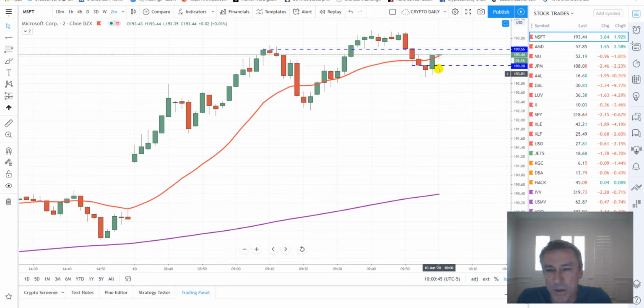Okay, just watching paint dry here. Got a little over a minute left in this candle. If it can't move, we'll go ahead and get out here, because of the count that we had, then we had a bullish engulfing candle, and we were over the 20.